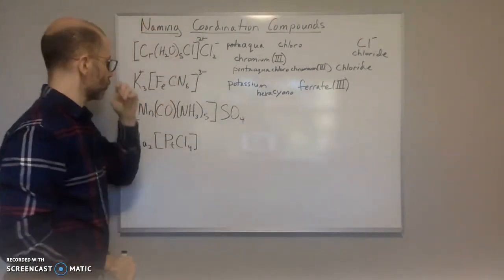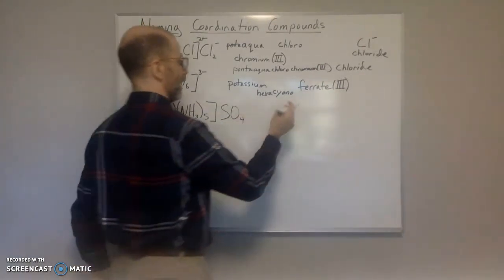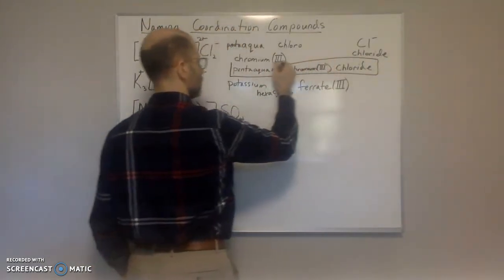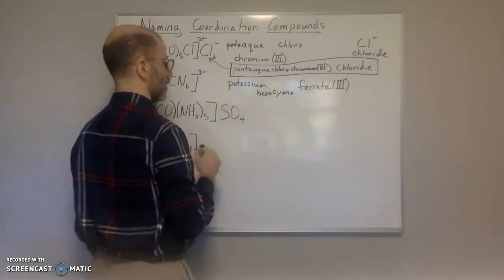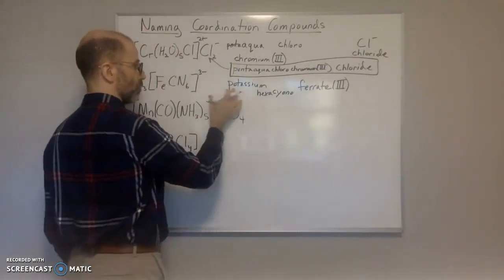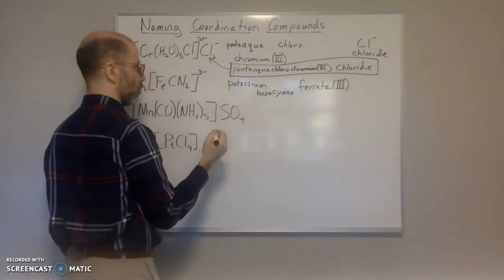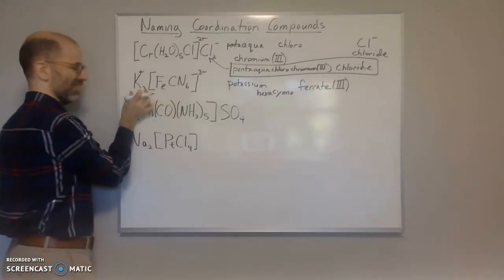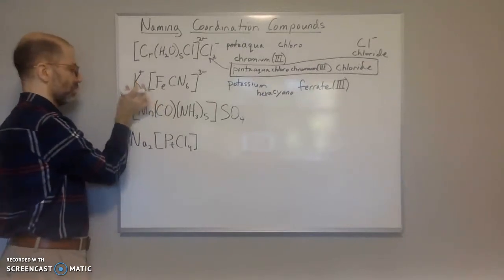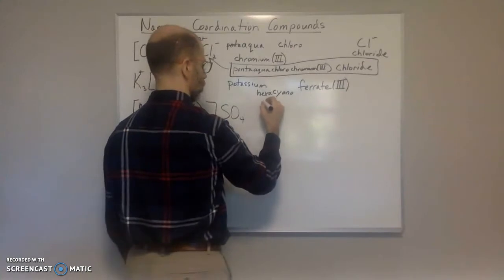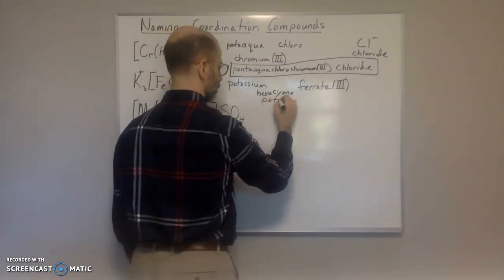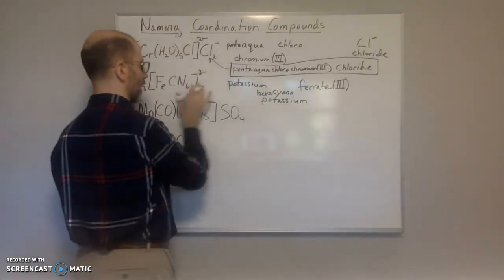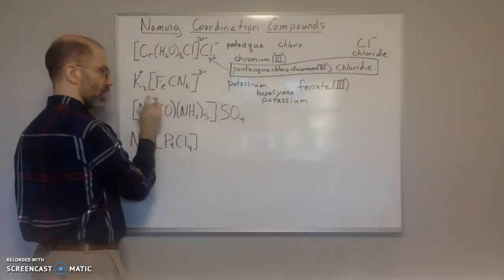So we put those together, and this is the name for this one here. When we put these together, again, alphabetical order. The positive ion is written first. So potassium, space, and then when we name this complex here, it's all going to be one word.